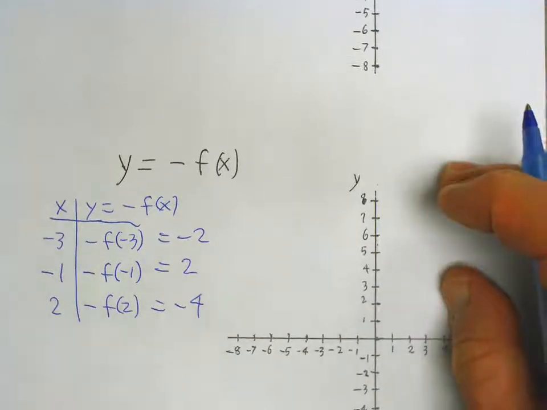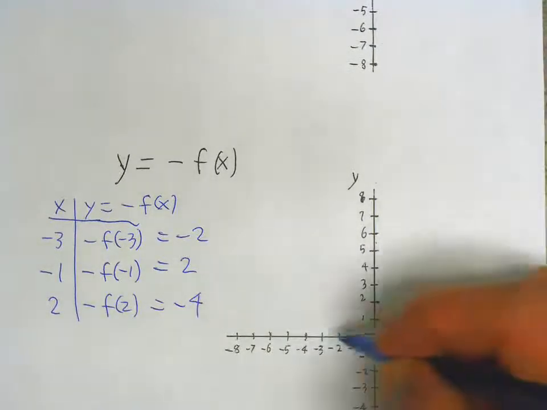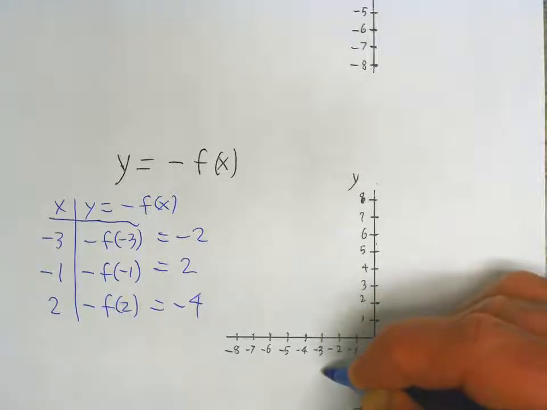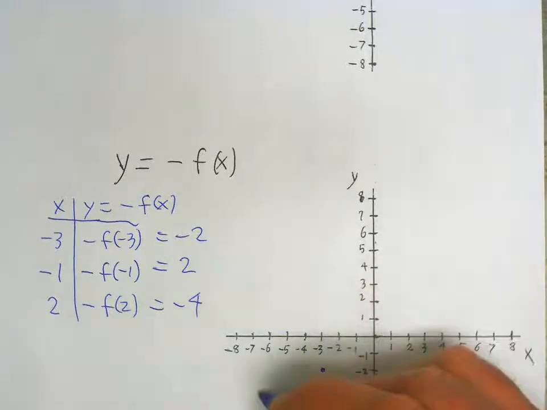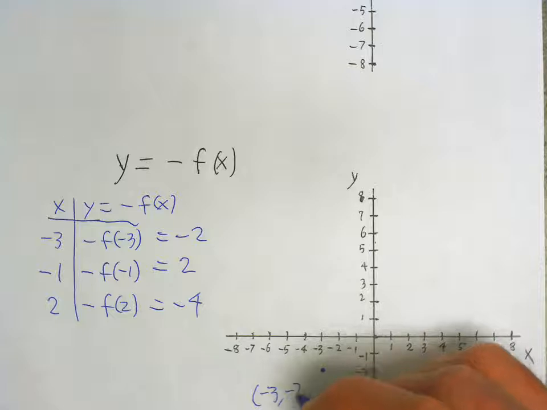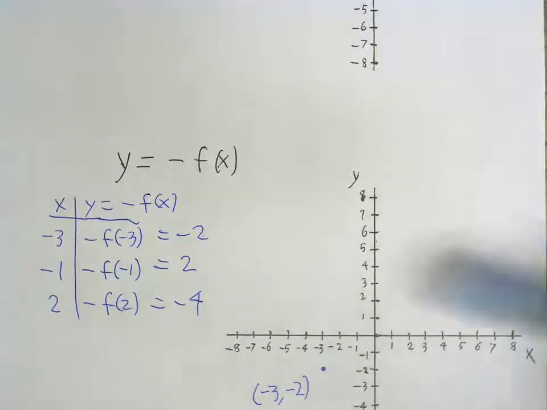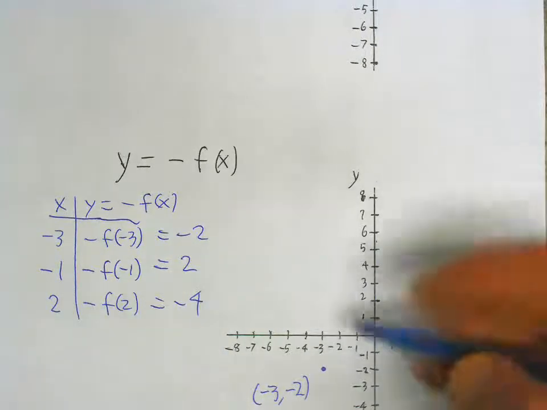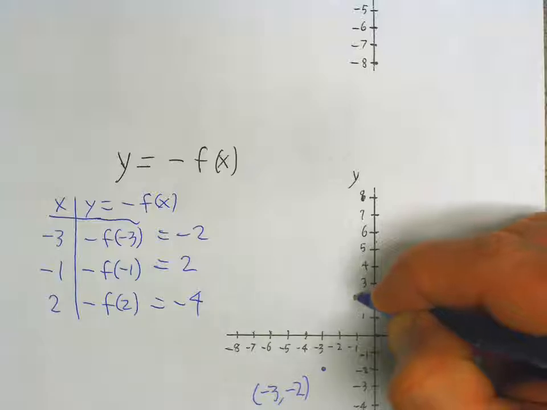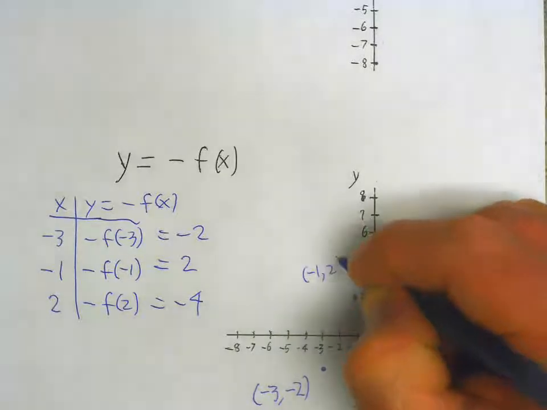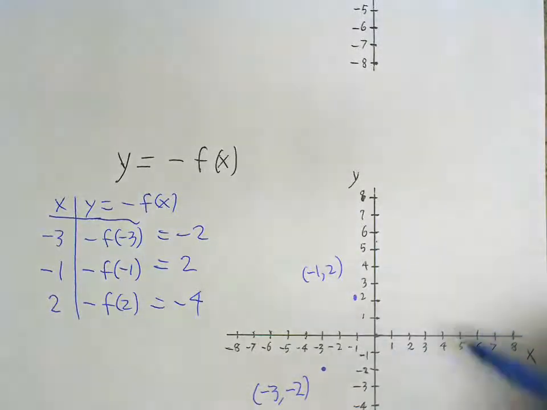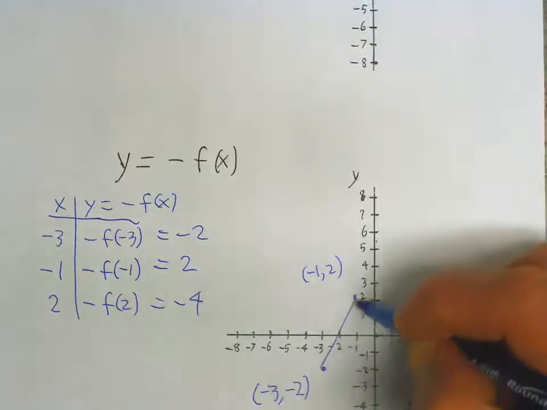So we plot these 3 ordered pairs, negative 3, negative 2. The next ordered pair, negative 1, 2, is right here. The third ordered pair, 2, negative 4, is down here. Then connect the dots.